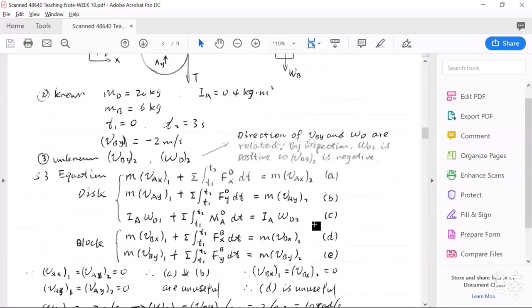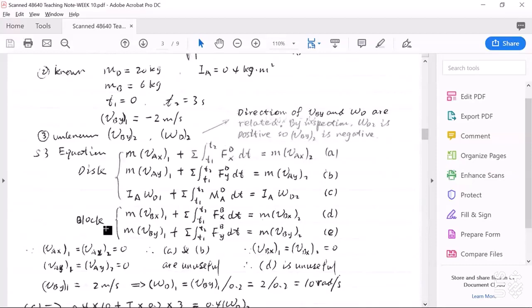The third one is about the principle of angular impulse and momentum. The block is undergoing rectilinear translation because we consider this block separately, so we only apply the principle of linear impulse and momentum along x direction and along y direction.